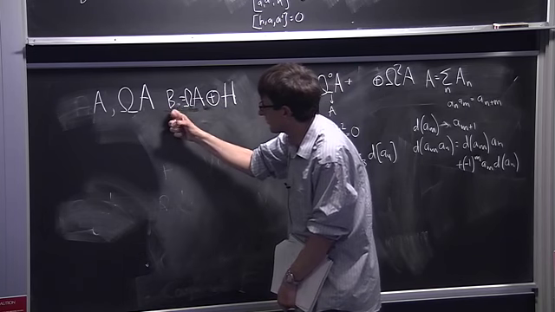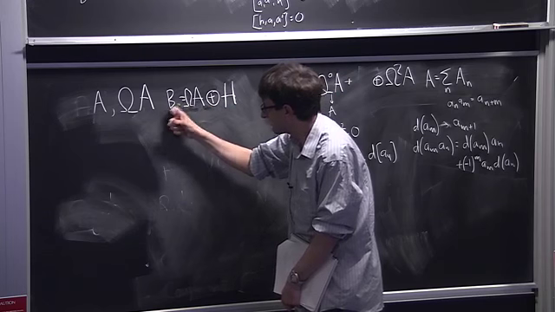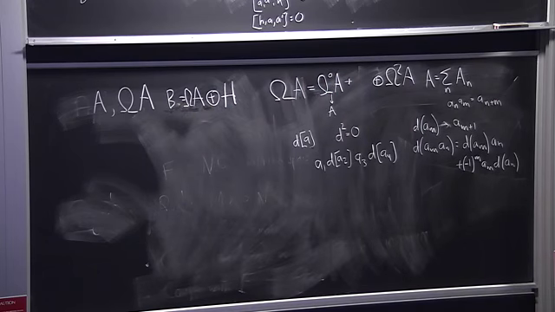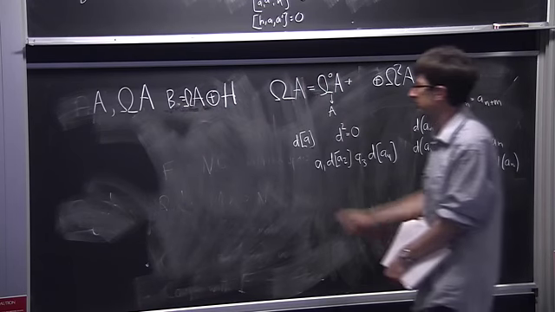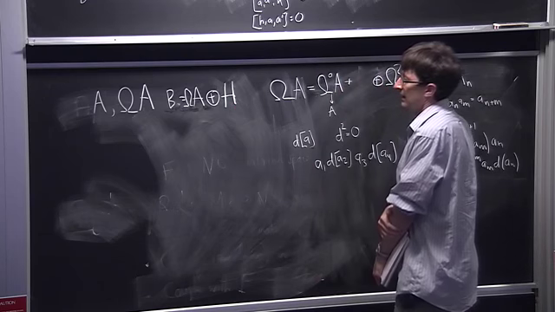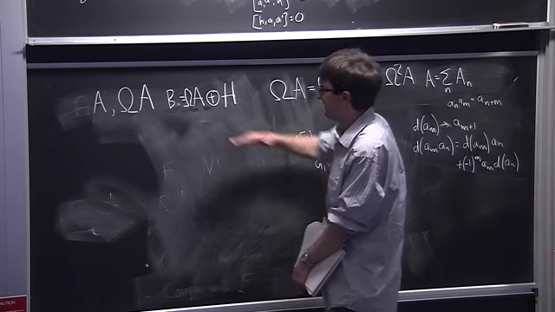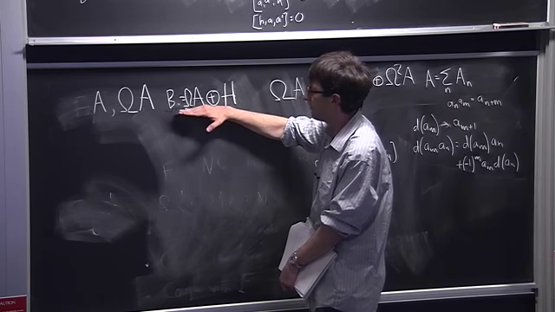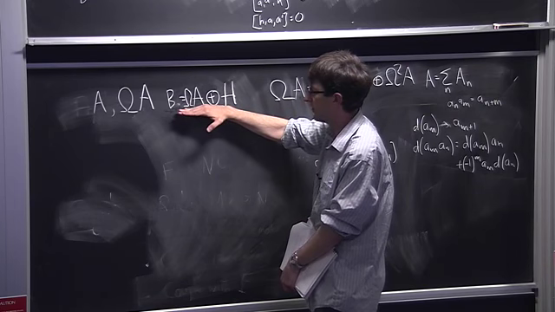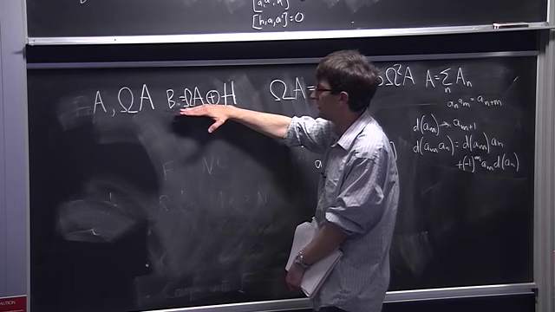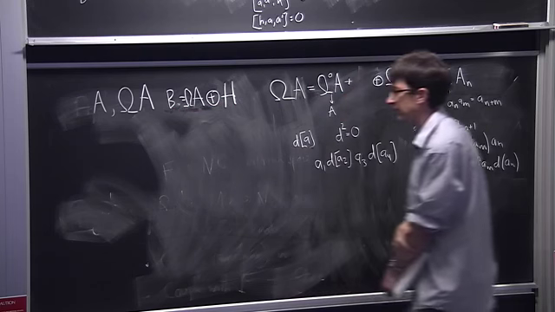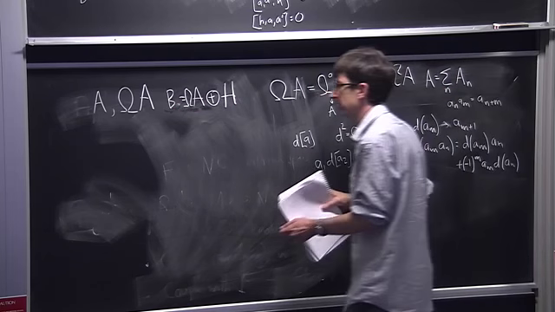That would have been the natural thing, but for some reason, we couldn't get that to work. We were stuck. It contained extra so-called junk forms. It's a well-known problem, which prevented it from being a correct differential graded algebra.